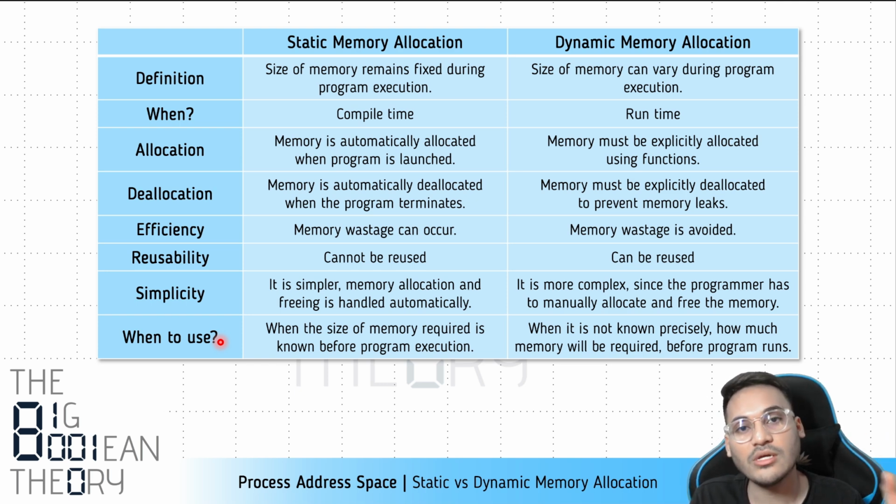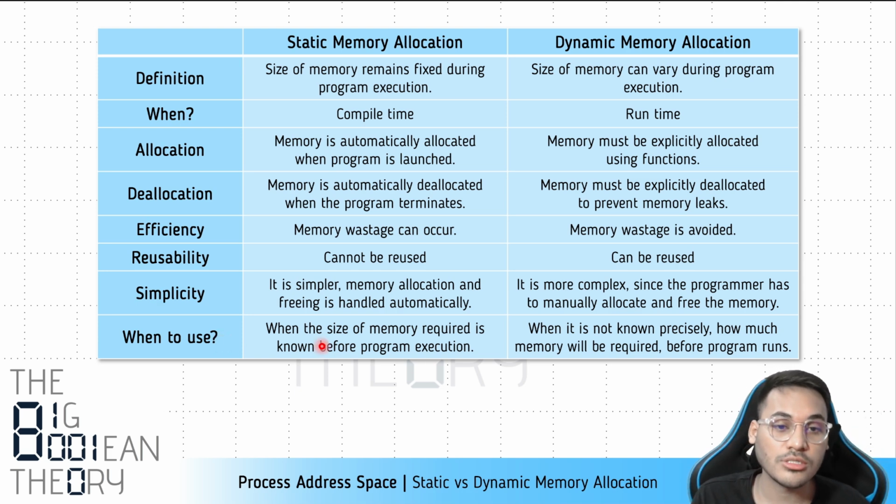Let's say it will always be of 10 characters or 20 bytes, whatever is the number in your mind. If you know that this memory allocation is going to be of a fixed size or within a fixed size, let's say you don't know the exact size, but you know it will be at most 50 characters, then you can go for static memory allocation, right? Because here the size will not change. If you need more memory, then it won't work for you, right? So if you have a definite upper limit in your mind and it is not too big, then you should go for static memory allocation.